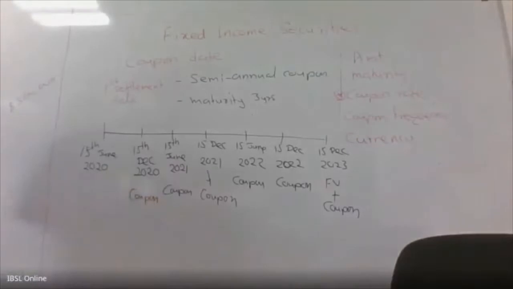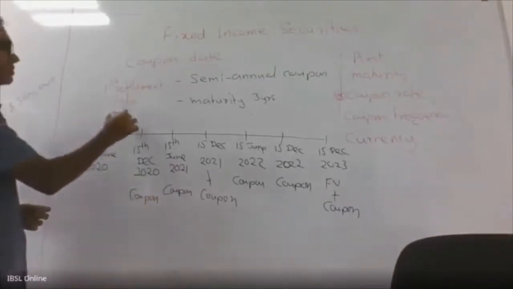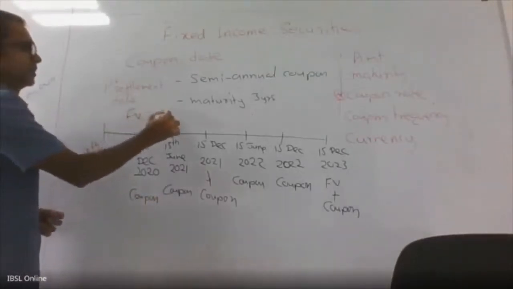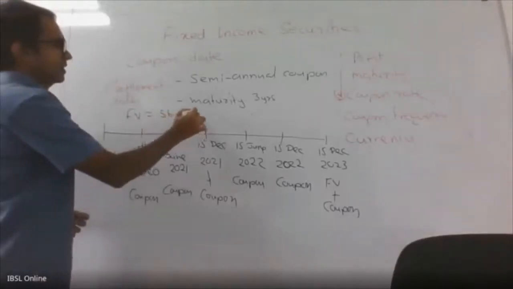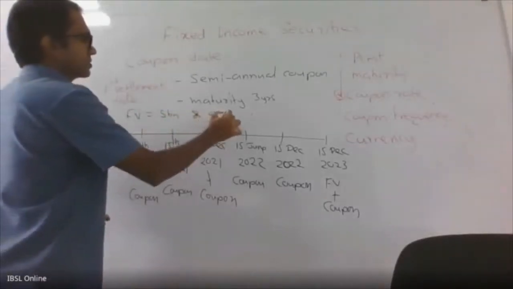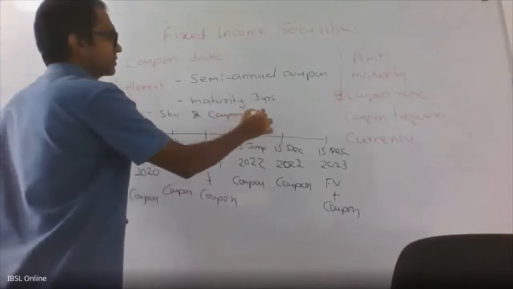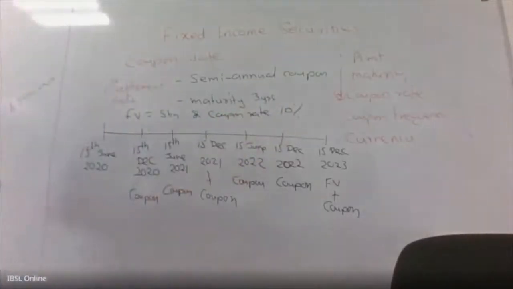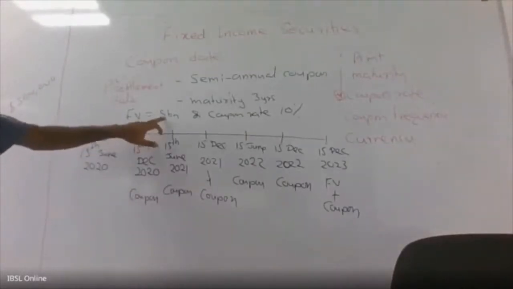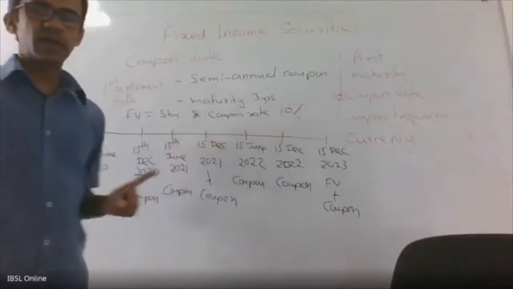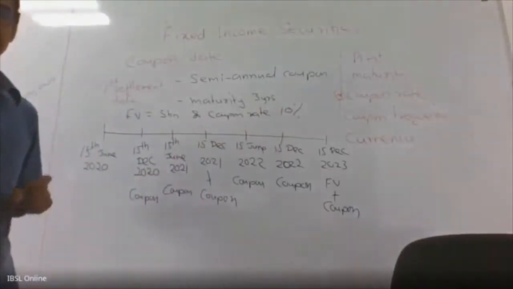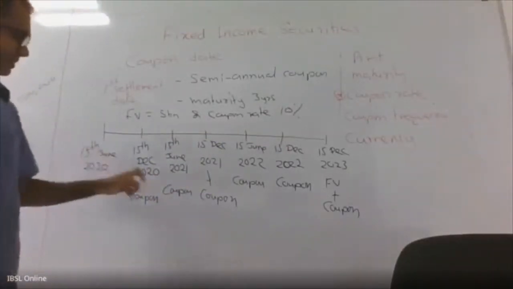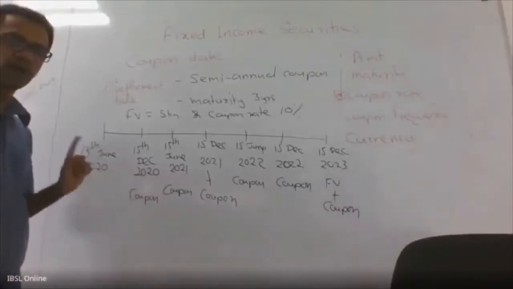What would be the coupon amount? If the face value is 5 billion and the coupon rate is 10%, the annual coupon is 500 million. But since this is semi-annual, you get half of it.